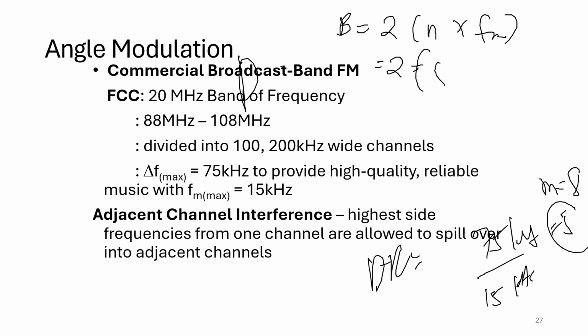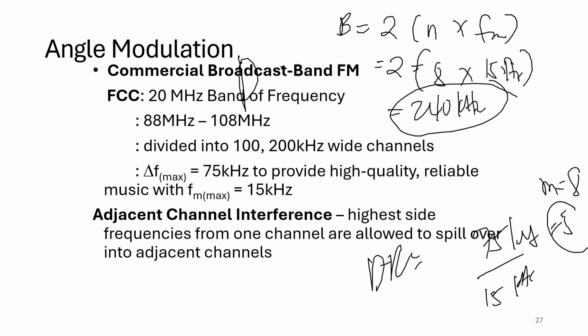So our n here is equal to 8, multiplied by our modulating frequency, which is 15 kilohertz. So 8 times 15 k multiplied by 2 will give us 240 kilohertz. 240 kilohertz already exceeds the allowable 200 kilohertz wide channel for FM.